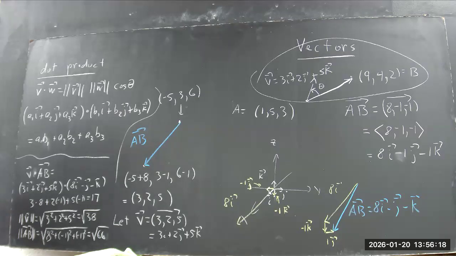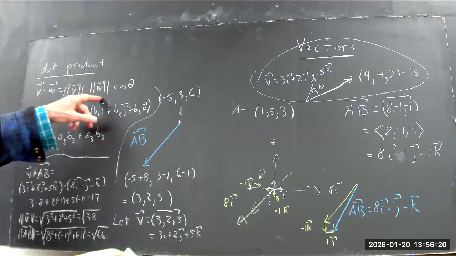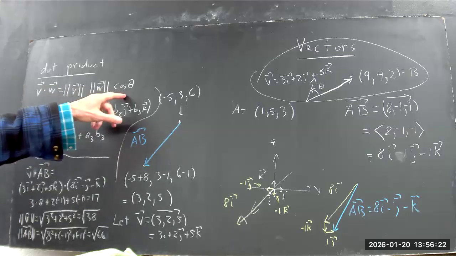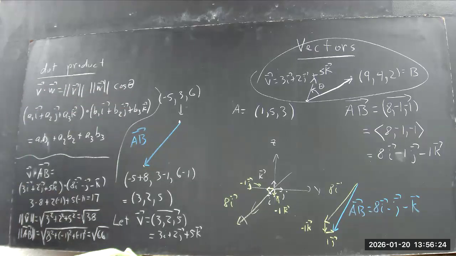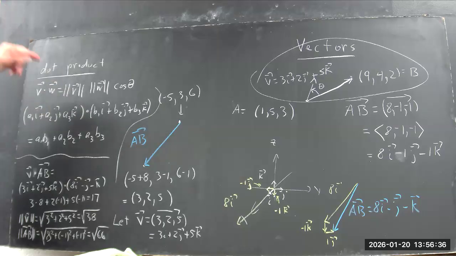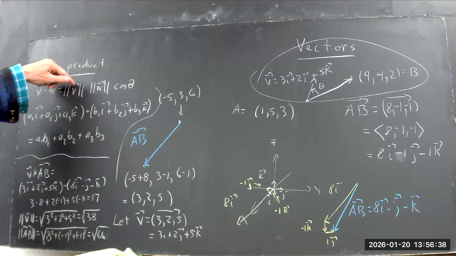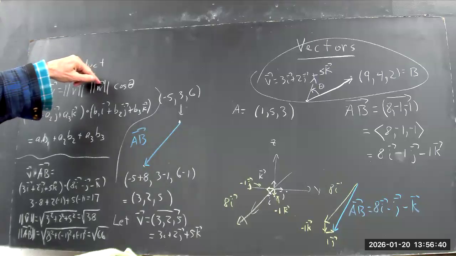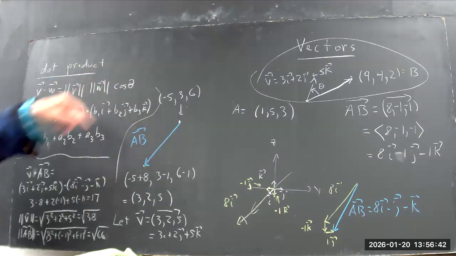Well, now we know everything in this equation except the cosine of theta. Meaning we can solve the equation for the cosine of theta. That makes sense? We know what number to put here. Okay, 17. Square root of 38 here, square root of 66 here, and so forth.